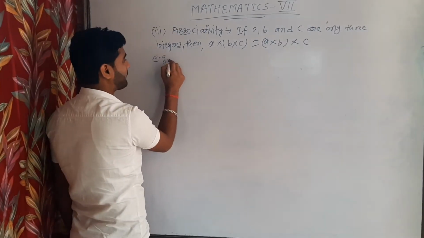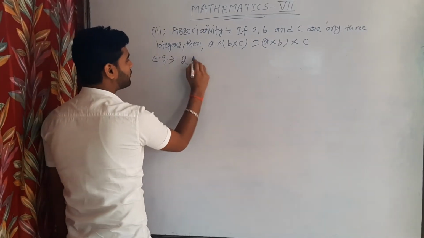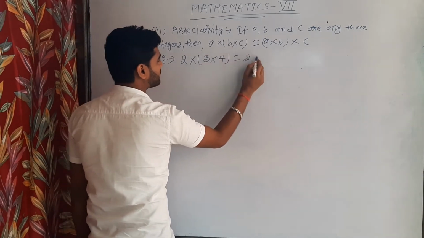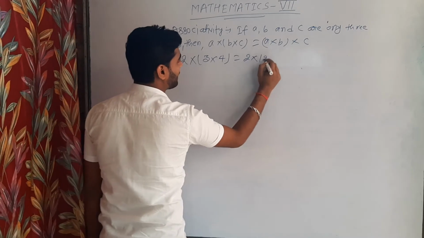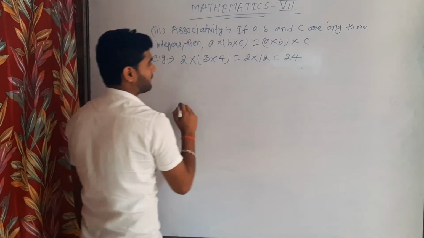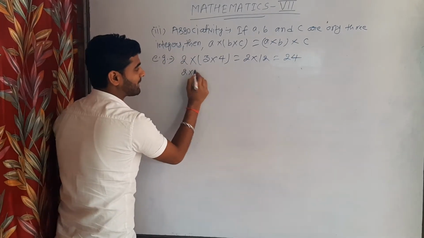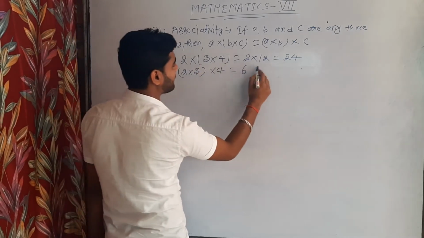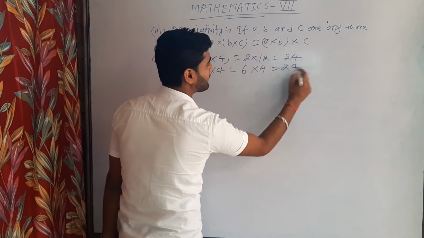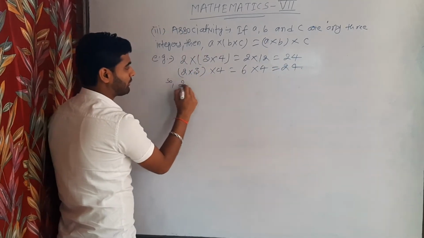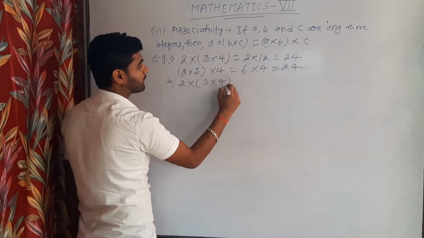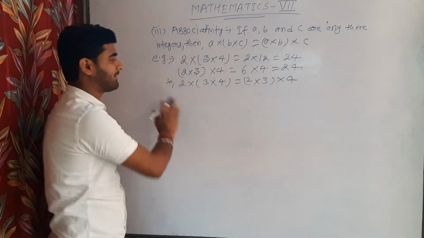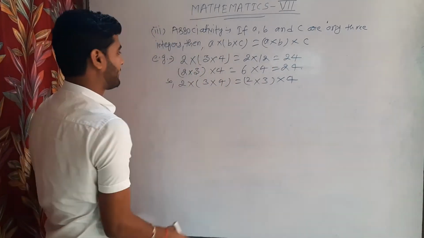As an example, 2 multiply 3 multiply 4: 3 times 4 is 12, 2 times 12, the result is 24. And (2 multiply 3) in bracket multiply 4: 2 times 3 is 6, multiply 4 is equal to 24. So here (2 multiply 3) multiply 4 is equal to 2 multiply (3 multiply 4). It satisfies the associativity property.